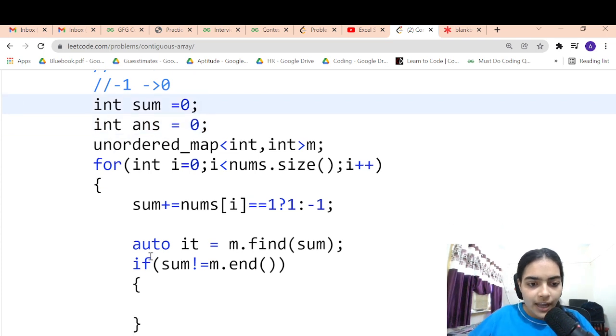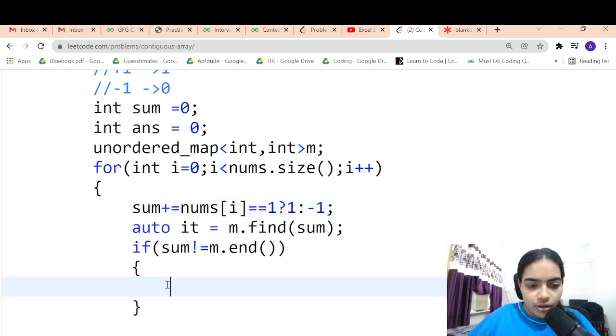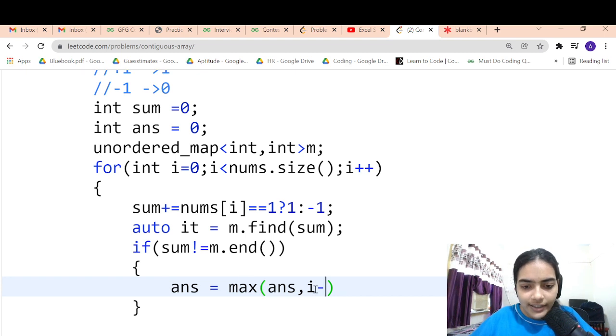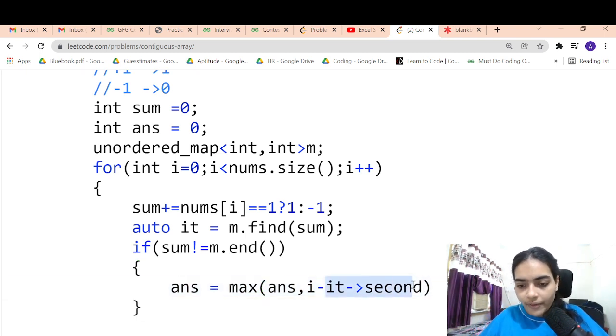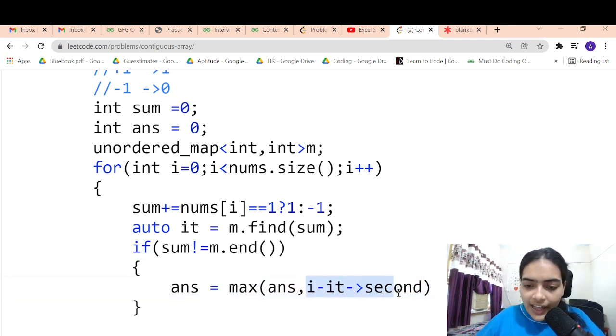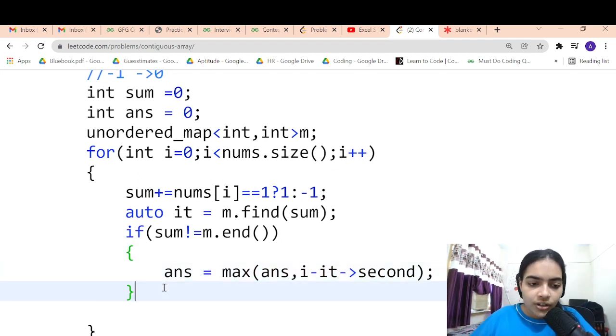Answer is equal to max of answer and i, the current index, minus the value in the key-value pair, which gives me the leftmost index. This will give me the length of the segment in which zeros and ones are cancelling out with each other.